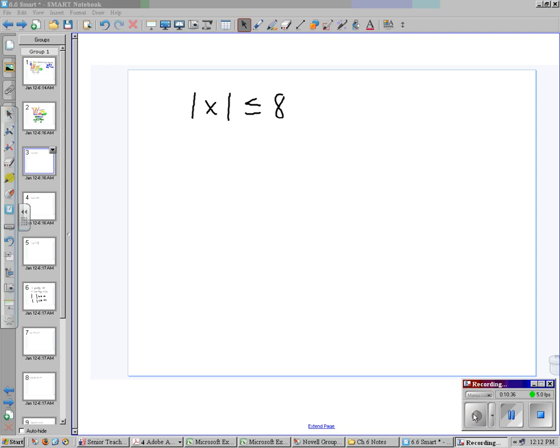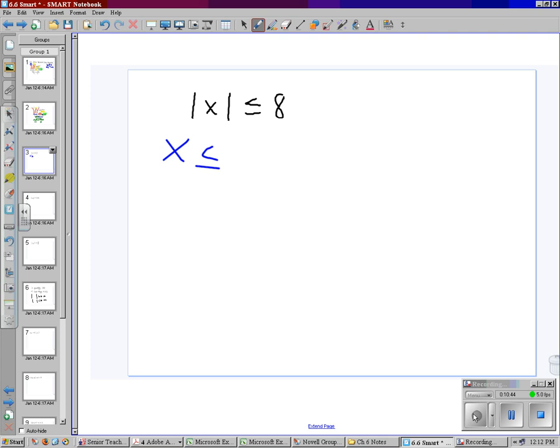Let's jot down the two inequalities that we have here. Who volunteers for the first inequality of what's written down? Cecilia. X is less than or equal to 8. Exactly. X is less than or equal to 8. So where we began. Then we're going to put down the word and, because you guys told me it was an and statement. And what's the other inequality that we're going to have written? Jack?